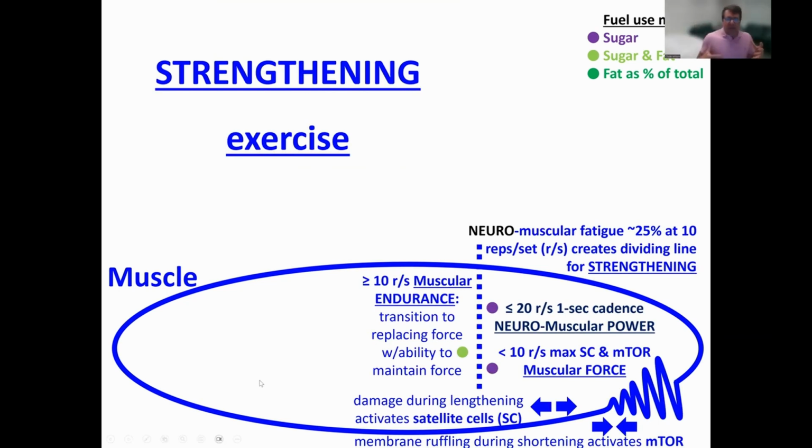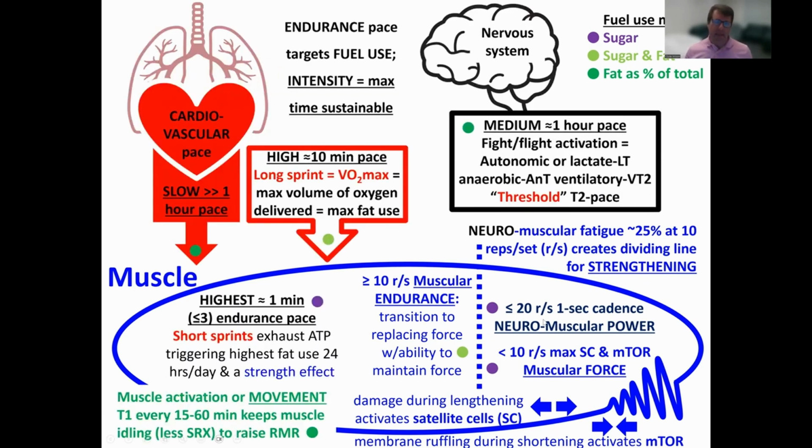Now, strengthening adaptation within the muscle is very different for less than 10 repetitions per set, where we're activating the satellite cells, SC, and the mechanistic target of rapamycin, over 10 repetitions per set, where it's shifting in steps towards muscular endurance. Now, higher repetitions done at a high cadence, that maximizes your work output and is your high power, and therefore is burning just as much sugar, generating potentially just as much damage. And so that is your peak intensity.